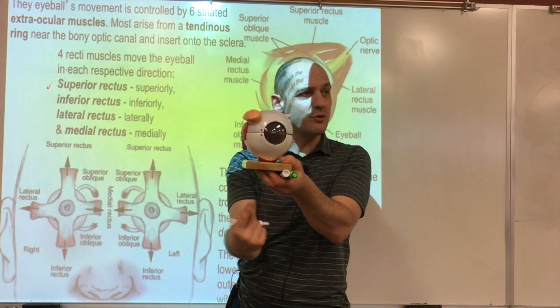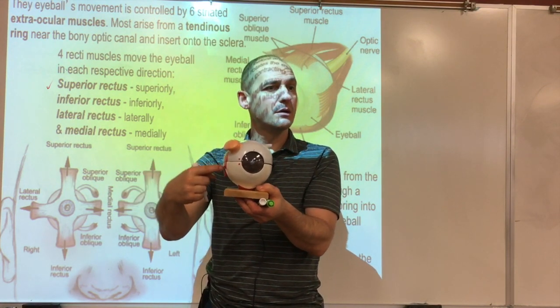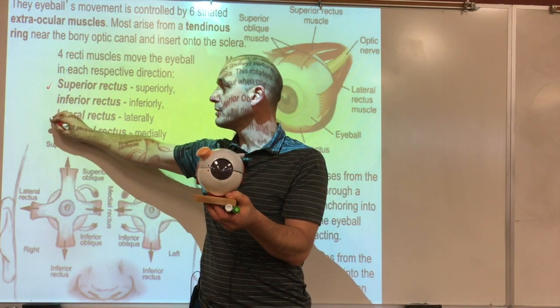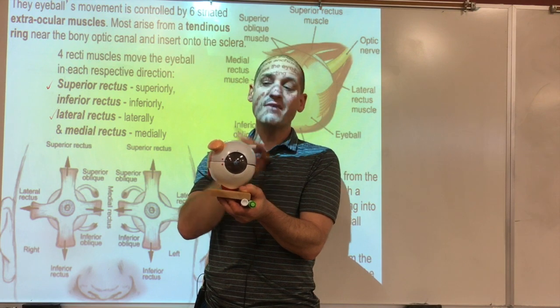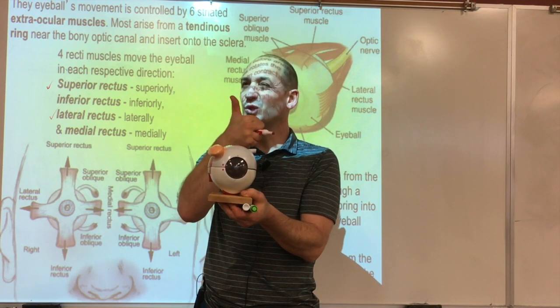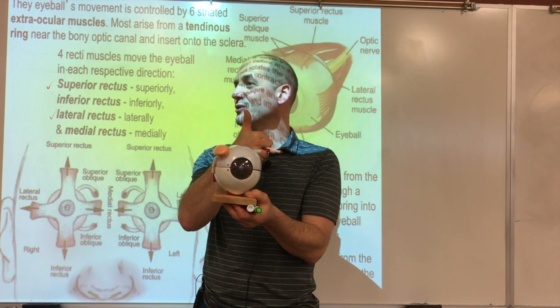Superior, inferior, we learned that in the first lesson. Then one on the outside, by the gland, the lateral rectus. And one on the inside, away from the gland, the medial rectus. Good test questions. It's all the same word.